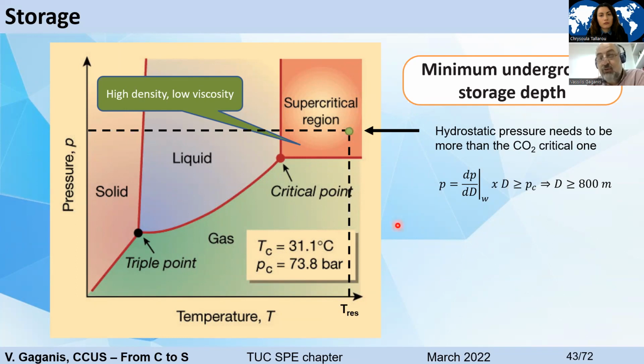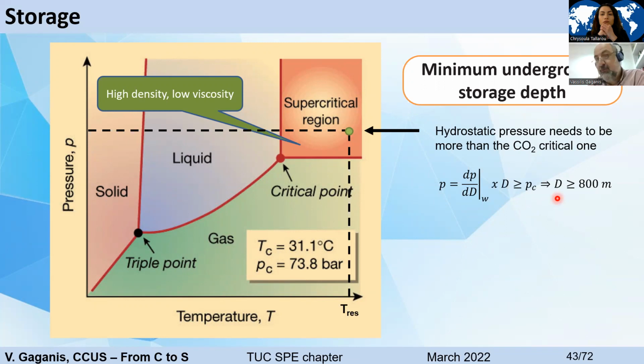This is exactly what is shown here. The pressure of the CO2 is going to be the gradient of that times the depth, and it needs to be more than the critical. So if we solve this equation, simply we're going to see that the depth needs to be approximately more than 800 meters.